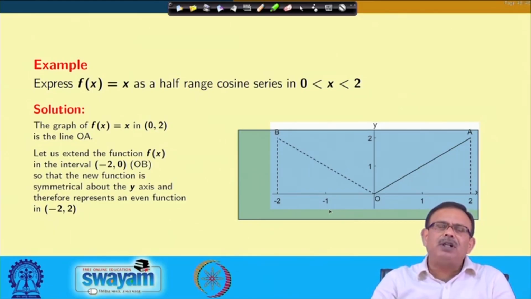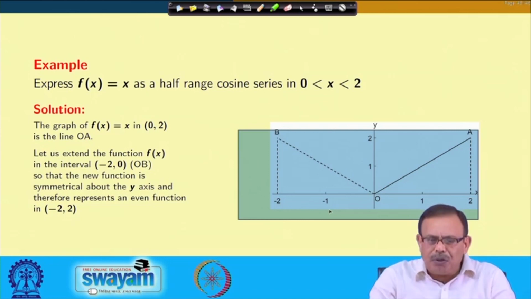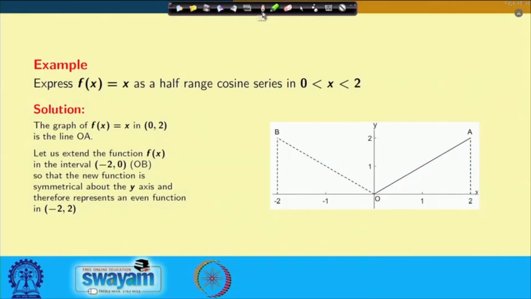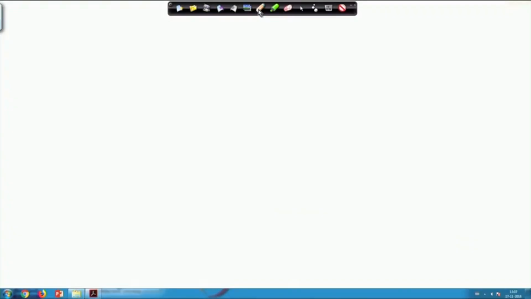In one case I am describing it as an even function, in the other case as an odd function. So, please note that whether I define the same function as a half range sine series or half range cosine series, its characteristics, its property, its graph will remain the same whenever I talk about the period 0 to 2 only. So, let us see now what happens in this range.